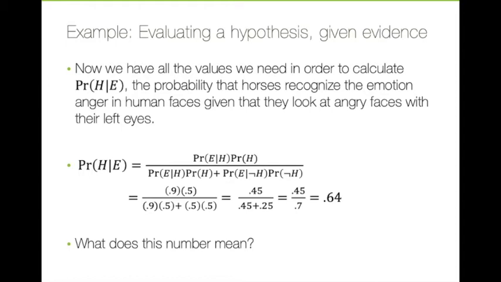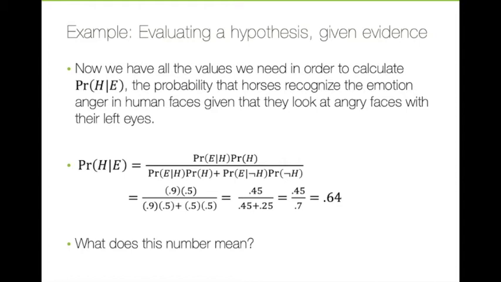So we need to add 0.9 times 0.5 to 0.5 times 0.5, the probability of E given not H times the probability of not H. That gives us 0.45 over 0.45 plus 0.25, or 0.45 over 0.7, and that's about 0.64.